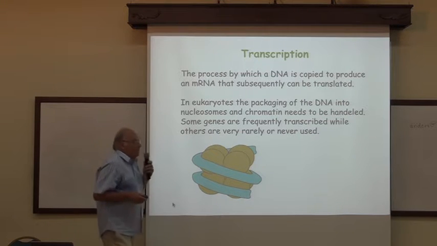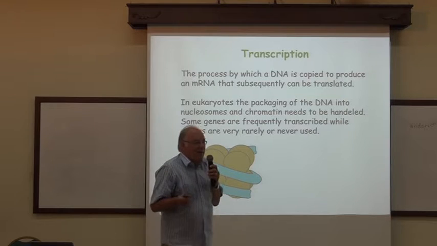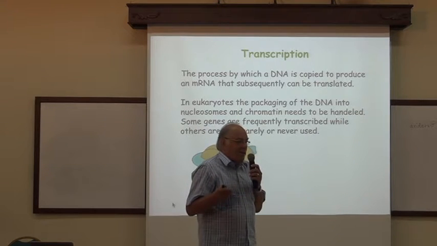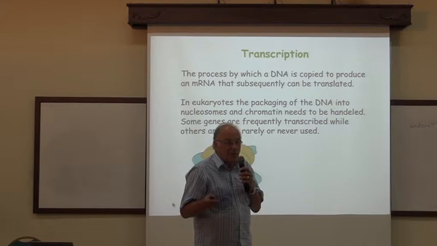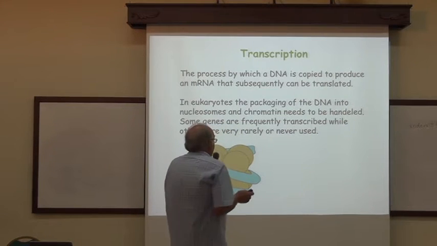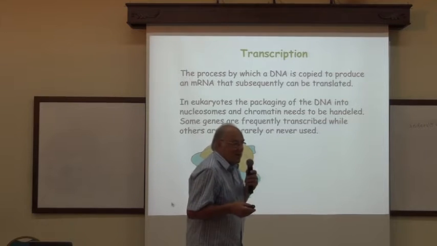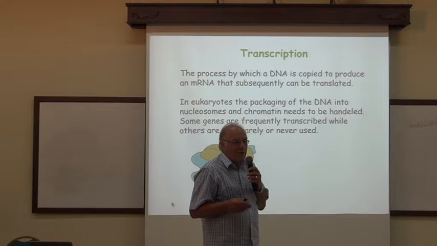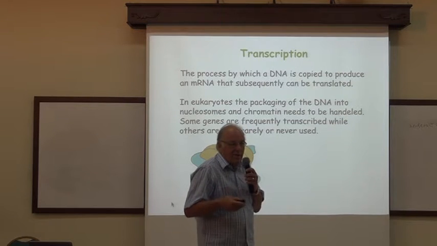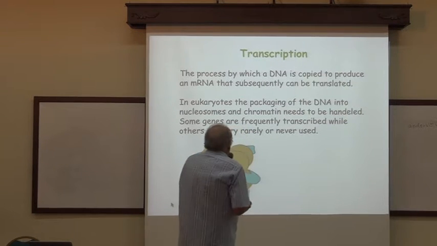And certain pieces of the DNA are very rarely transcribed. Some parts probably not transcribed at all, while others are very frequently transcribed. So how are the nucleosomes arranged according to the need of frequently transcribing these genes?